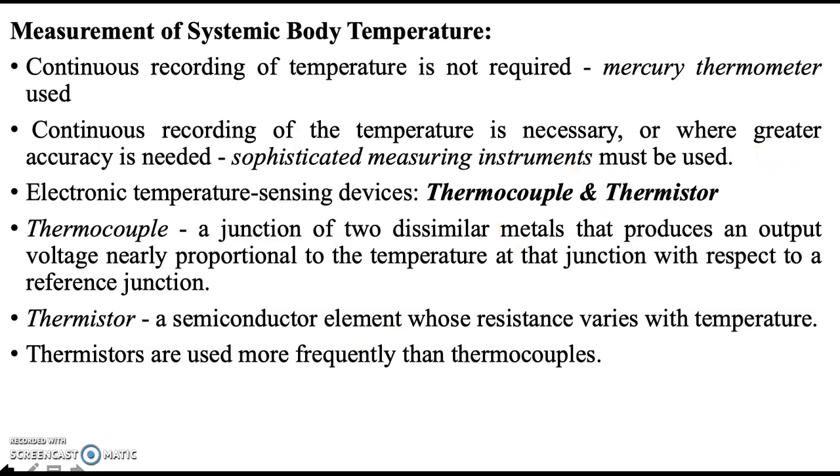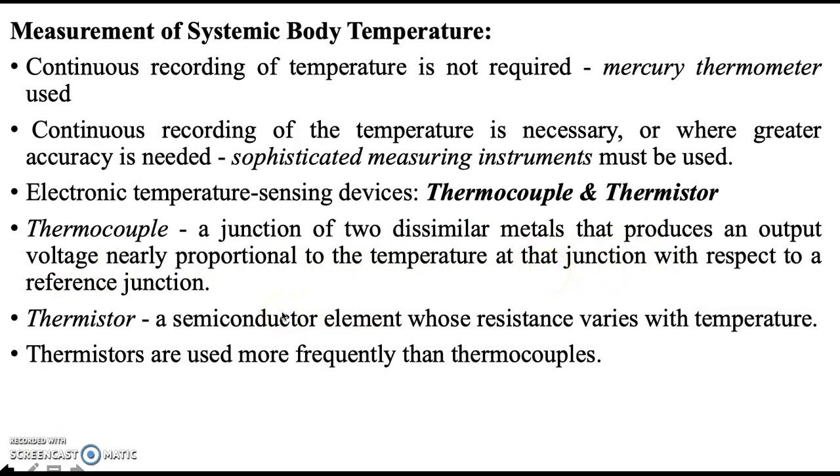The other junction will be maintained at a constant temperature, called the reference temperature, and that junction is called the reference junction. When the temperature changes at the surface where the recording has to be made, a voltage will be created, and that voltage will be proportional to the temperature at the junction where the measurement is made.